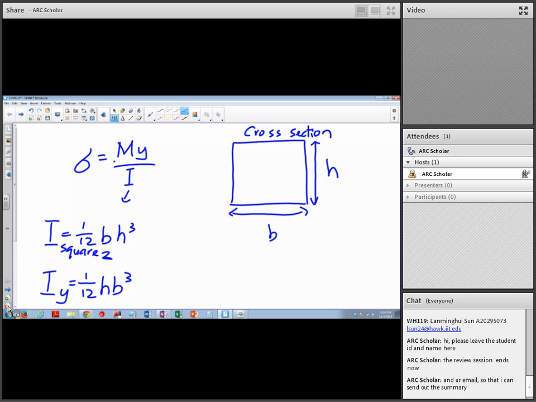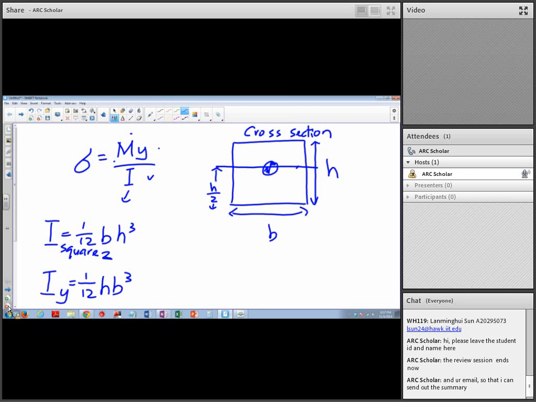Now after we find the moment of inertia, we got this one, we got the moment, and now we need to find the y. I just kind of go too fast. Tell me if you have any confusion. So the y is basically the distance. Let's say I know the centroid of this, and it's in the middle, h over 2.